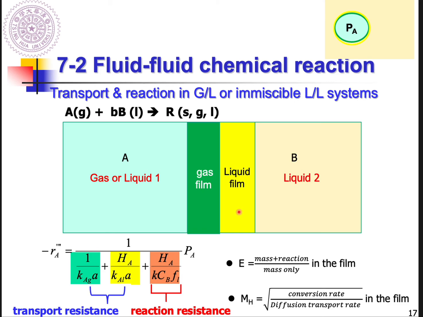But there's something missing. What? Based on the previous two slides, mass transport here, reaction here, so you got these results. But on page 14, we mentioned a very important piece of information: how about if the chemical reaction can only happen in the liquid phase, including liquid feed and bulk liquid?